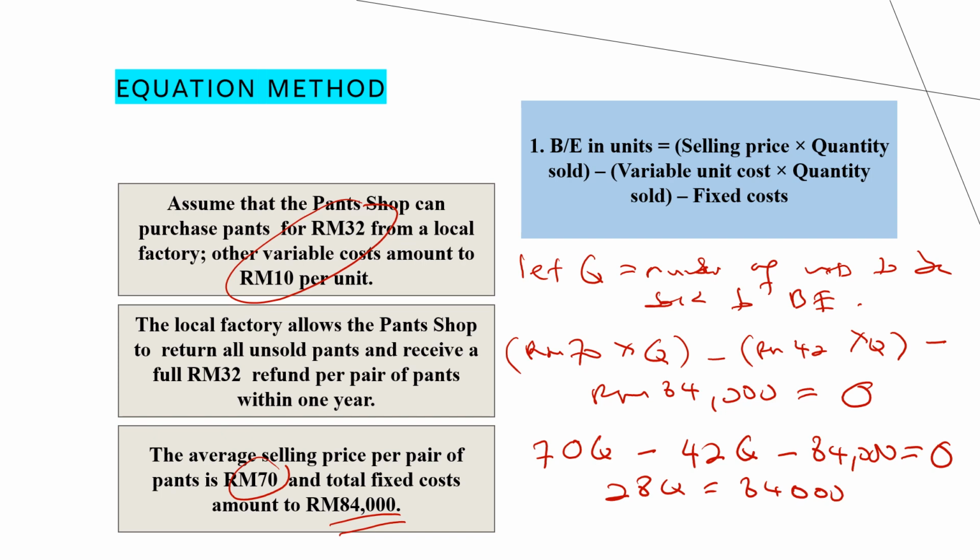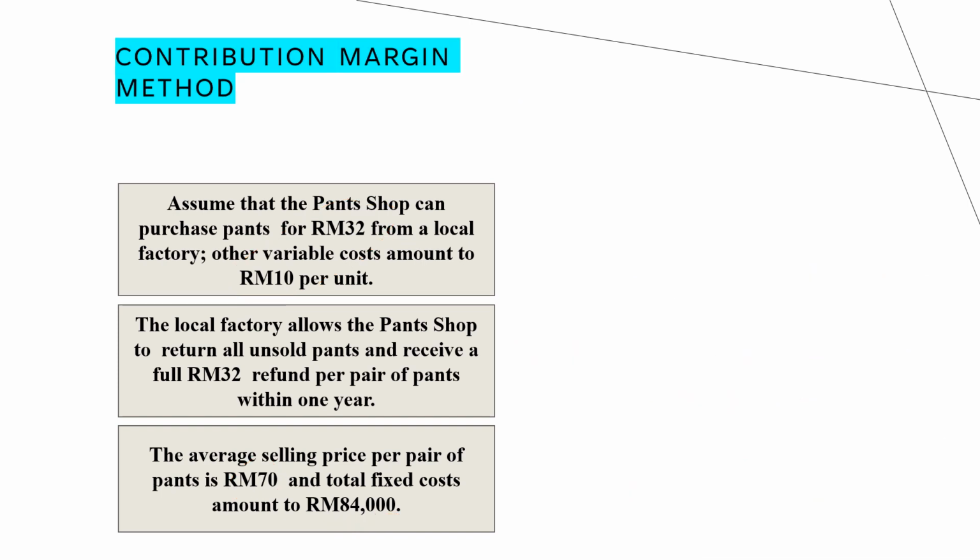So when you divide, the answer for Q is 84,000 divided by 28, so you get the answer of 3,000 units. So this is by using the equation method.